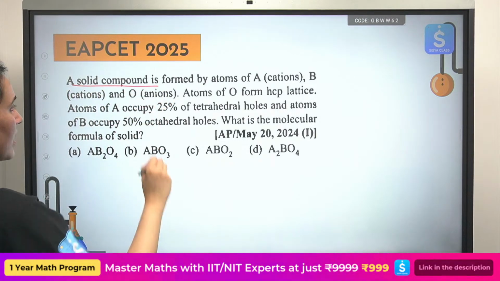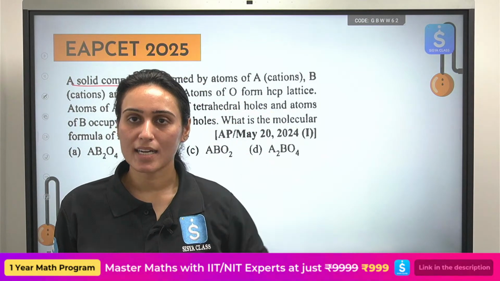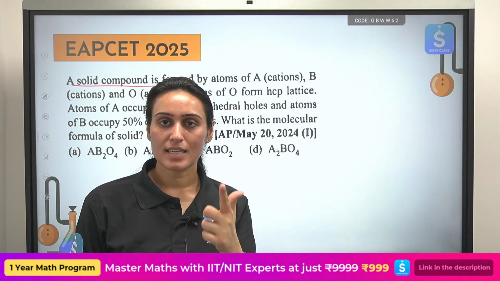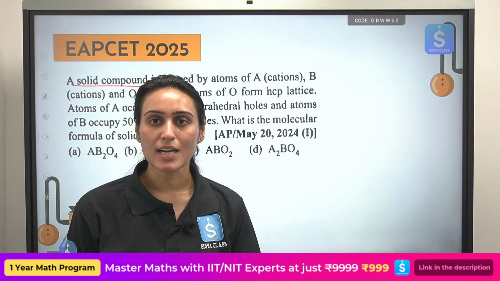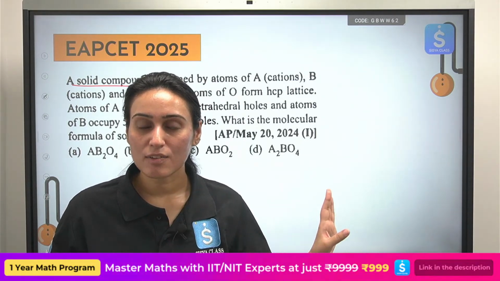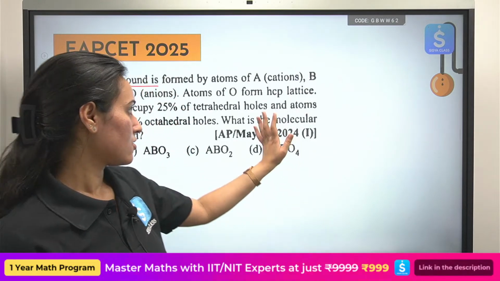A solid compound is formed by atoms of A. Now we will use that contribution part. We will use that number of octahedral and tetrahedral voids part that I have told you. Please read the question. It is not difficult, very easy, but you have to read the question in steps. Okay, so let's begin.